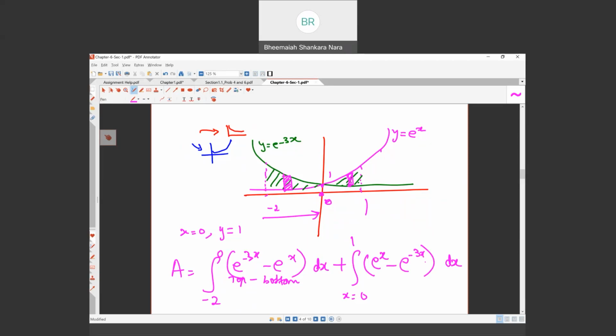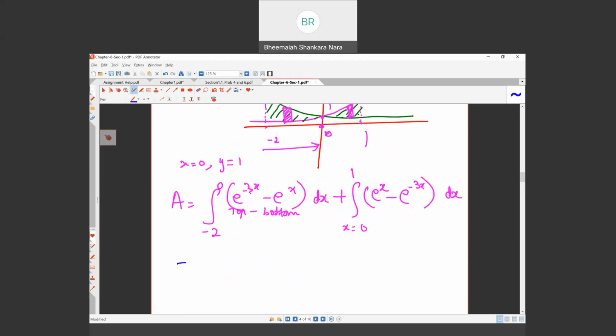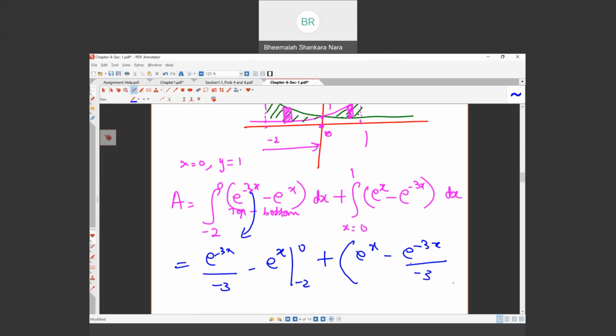Now let's integrate this. Integral of the first function, exponential -3x divided by -3, the second function is exponential x, from -2 to 0. Positive exponential x minus exponential -3x divided by -3, again, this goes from 0 to 1.